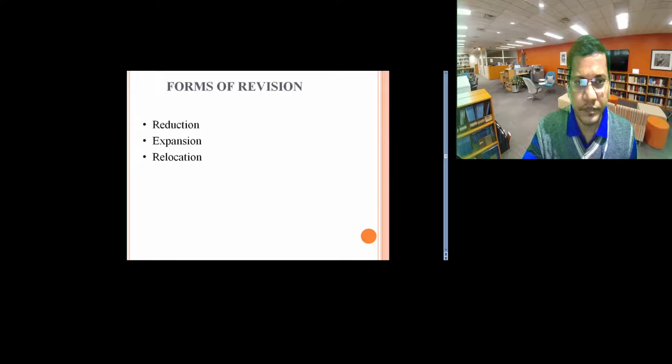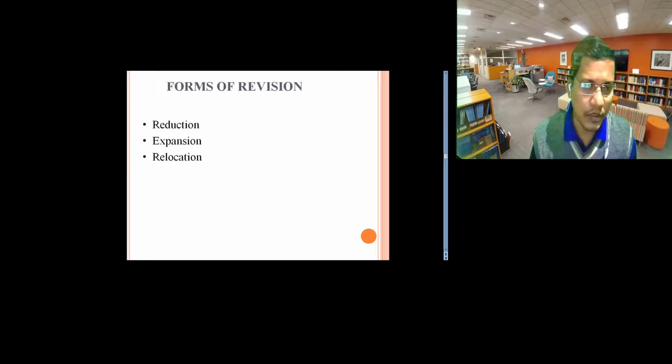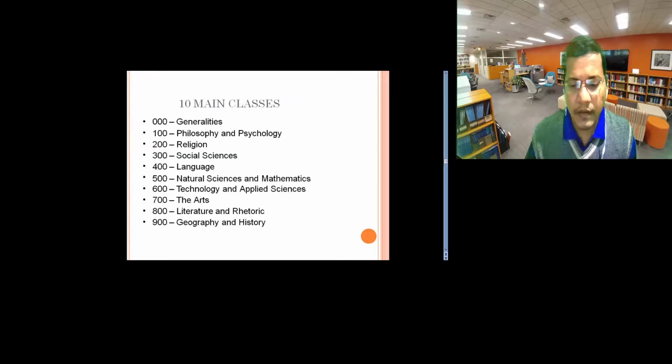Now the forms of revision. How do they revise the DDC? There are three things they follow: reduction, expansion and relocation.